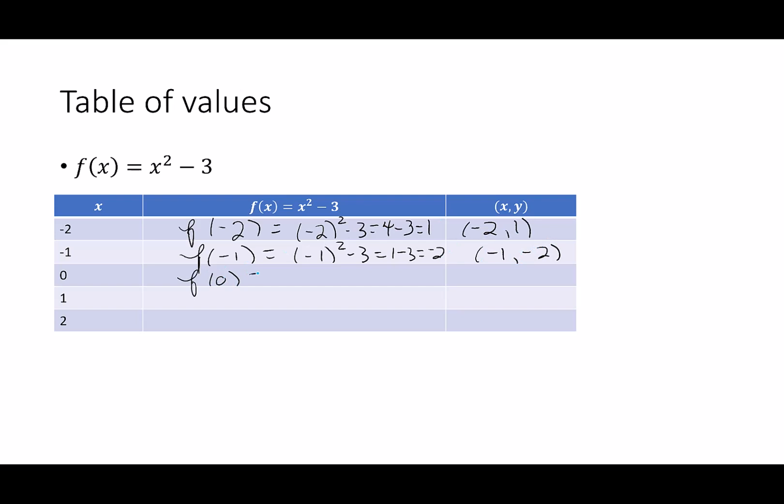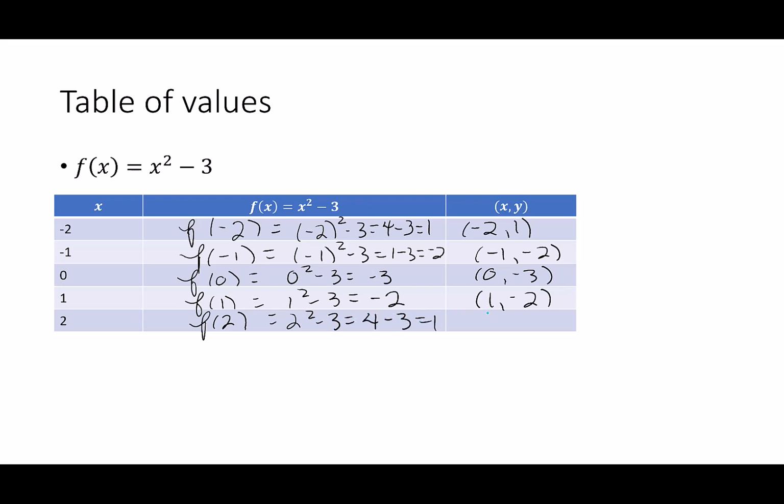f(0) is 0² - 3. That's -3, so I have the point (0, -3). f(1) is 1² - 3. That gives me -2. That's the point (1, -2). And then f(2) is 2² - 3, which is 4 minus 3.